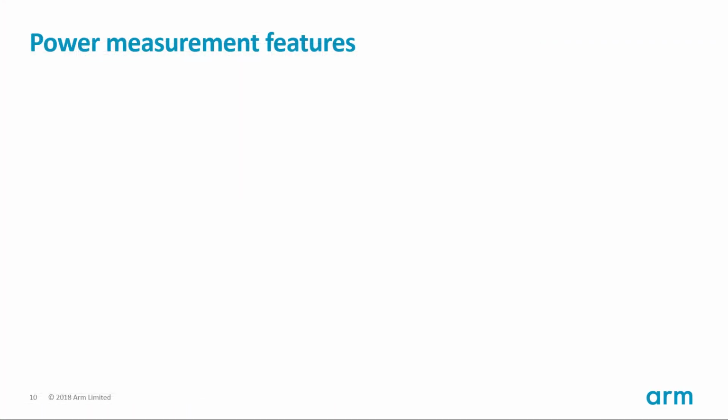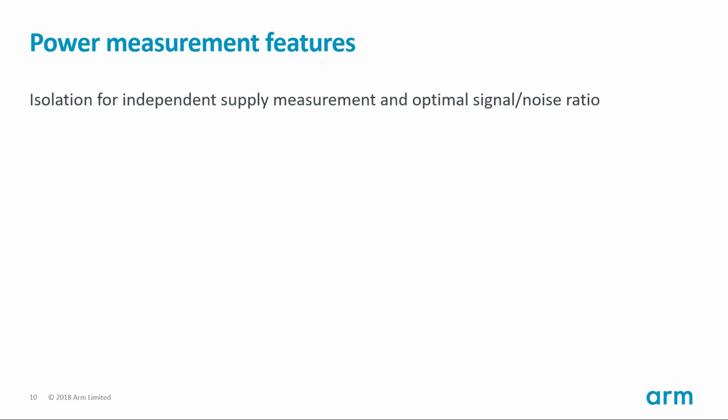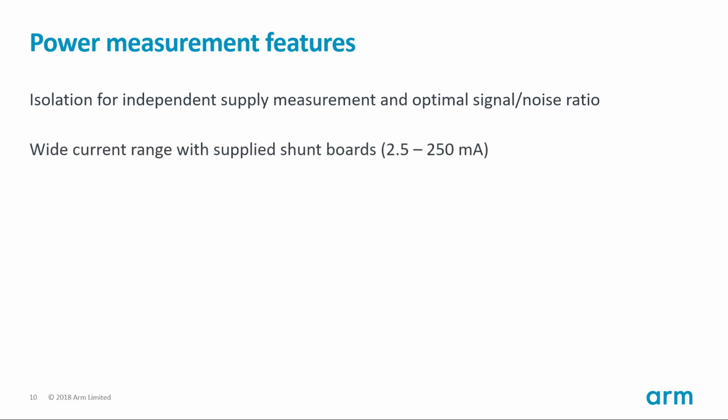You have seen that ULINKplus allows you to analyze power consumption of your application. In summary, it provides the following features. The independent electrical isolation of the power interface allows connection to any supply voltage, even before a DC-DC converter. Shunt resistors configure the measurement range.